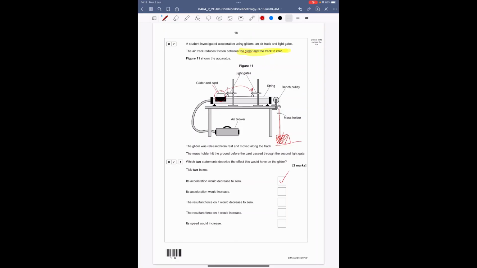Its acceleration wouldn't increase because there's no more force pulling it down. The resultant force on it would decrease to 0. Well, that is true because you've got nothing else pulling it down, so therefore the overall force would go back down to 0. The resultant force definitely wouldn't increase, and its speed would definitely not increase. So it would be the first and the third statements.